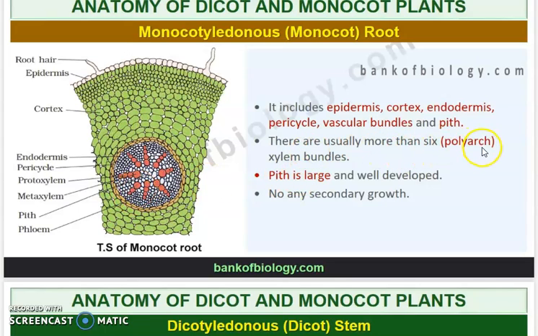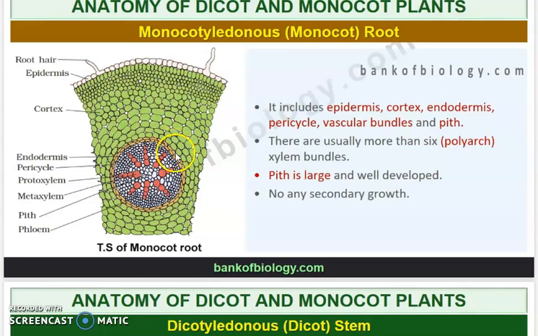The xylem are usually polyarch, that is, they will be either 6 or more than 6. Here they have shown 8, right? So they are polyarch, that is more than 6, and the other things are the same: epidermis, cortex, endodermis, then the pericycle.